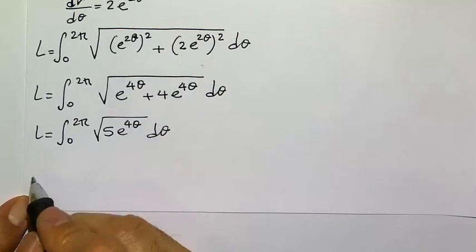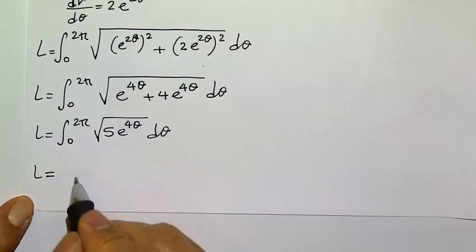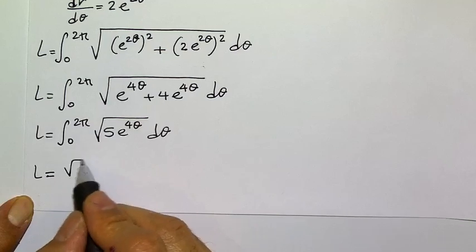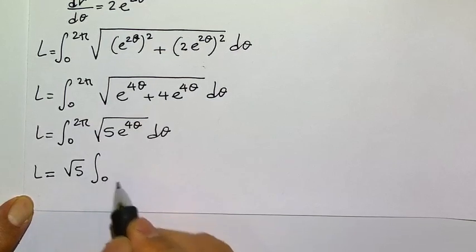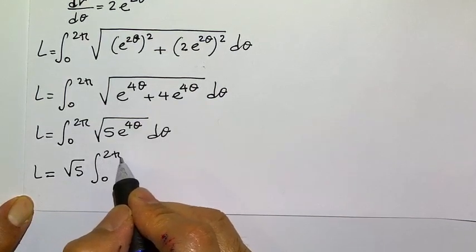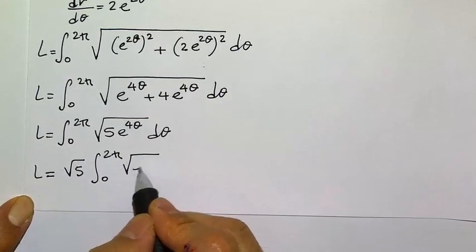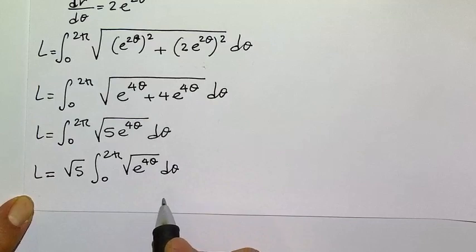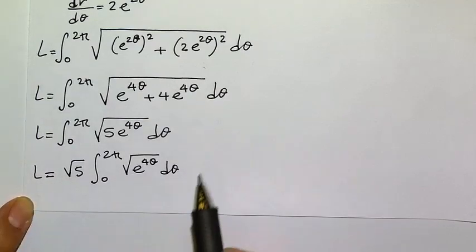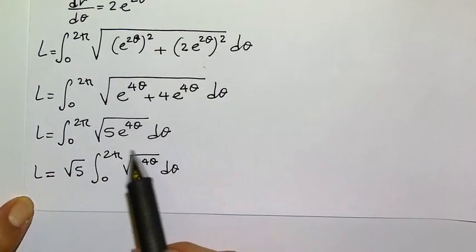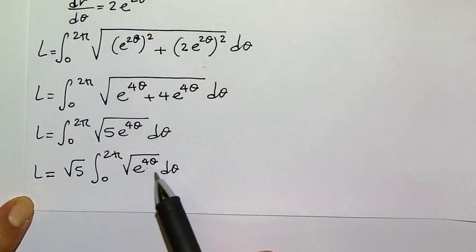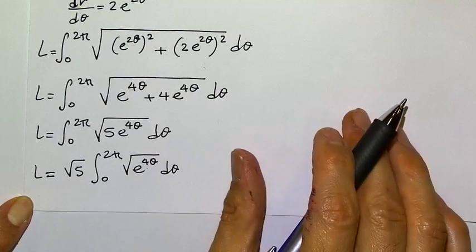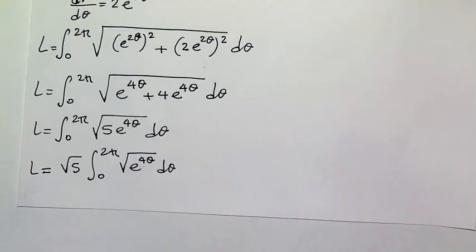So L would be equal to square root of 5 times integral from 0 to 2 pi of square root of e to the 4 theta d theta, right? And that's just e to the 2 theta, right? This is just e to the 2 theta. Let me write it here.